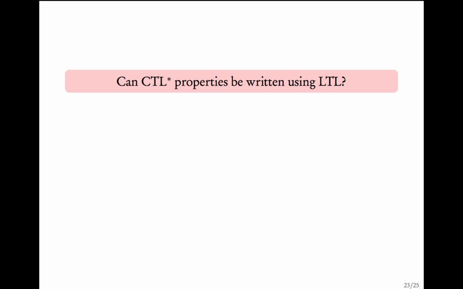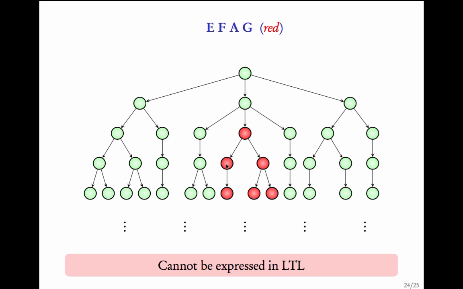Now, what about the reverse question? Can CTL star properties be written using LTL? As in, if I want to say something about the tree, can I write it using LTL, which deals only with paths? As you might have guessed, the answer is no. Look at a property like this.